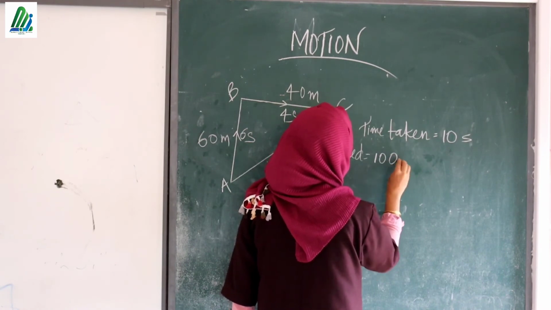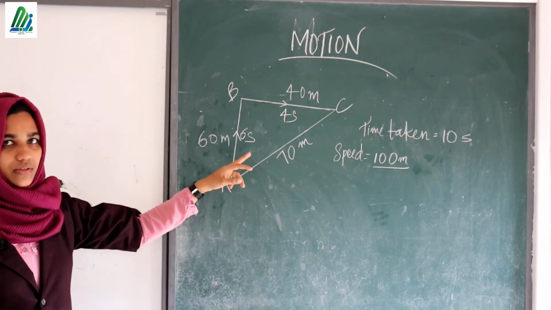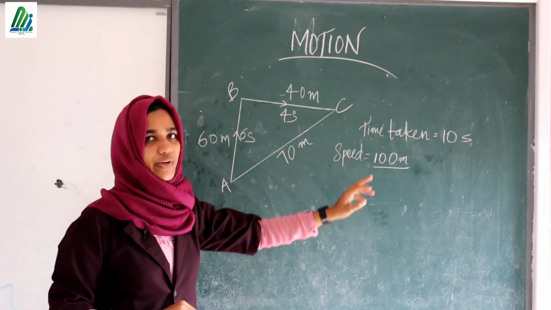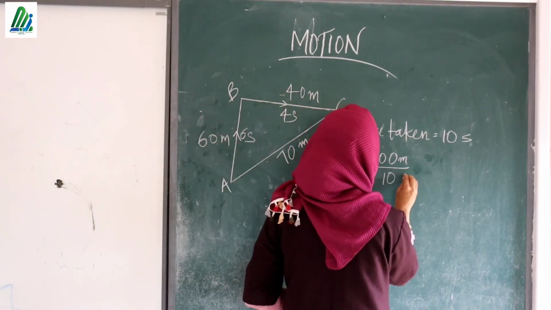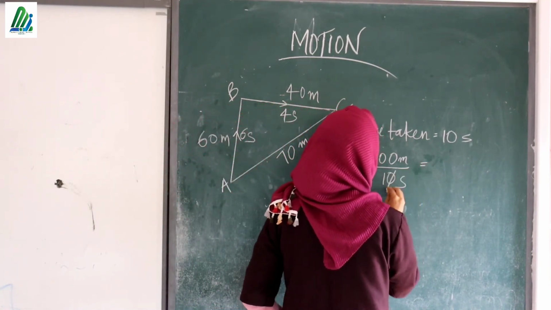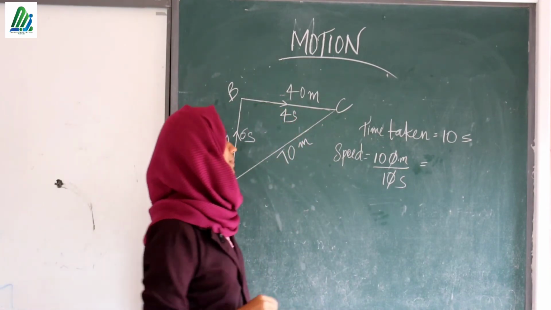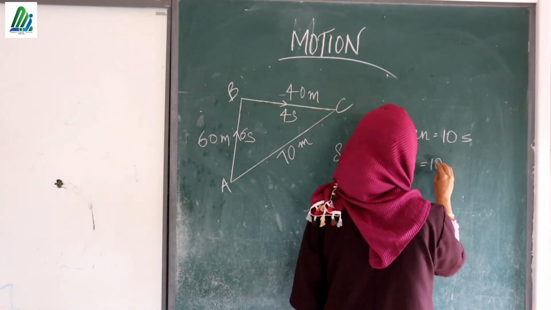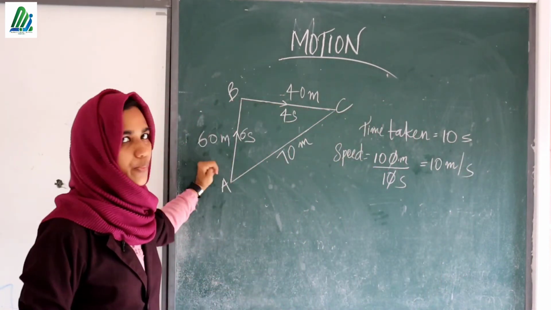Then the speed is equal to distance by time. The time here is 10 seconds. That's equal to how much? That's equal to 10 meter per second. So 10 meter per second is the speed of this object.